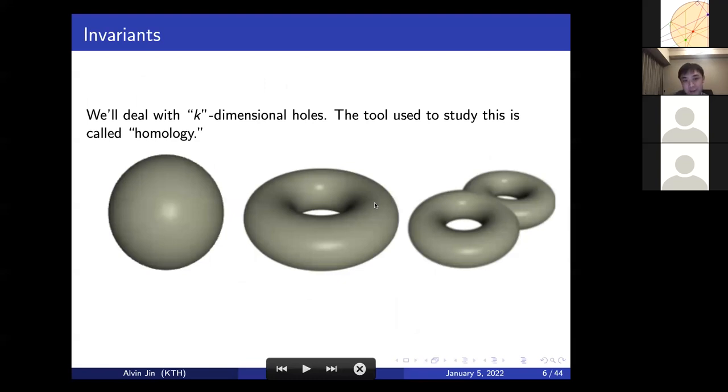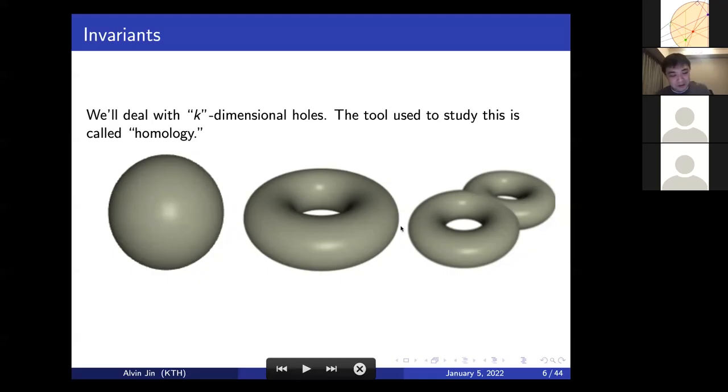But the one that we're going to deal with, and one that you learn in an algebraic topology class, is the number of holes an object has. You will learn what a hole is if you take an algebraic topology class. There's actually a formal definition in terms of linear algebra, but we will not go into that in detail.